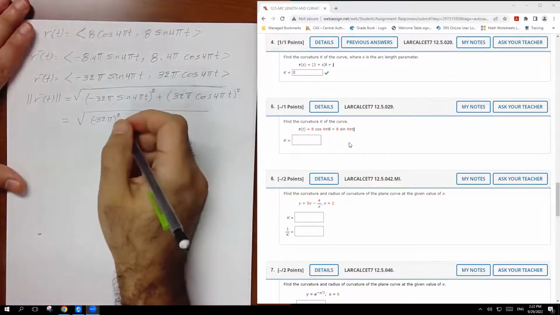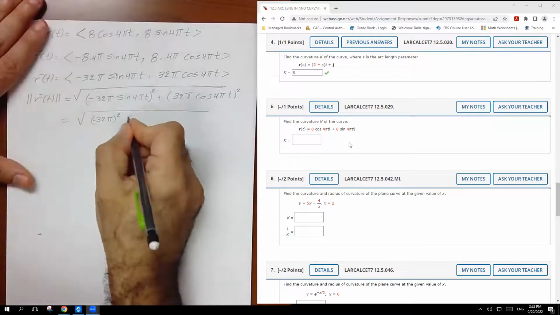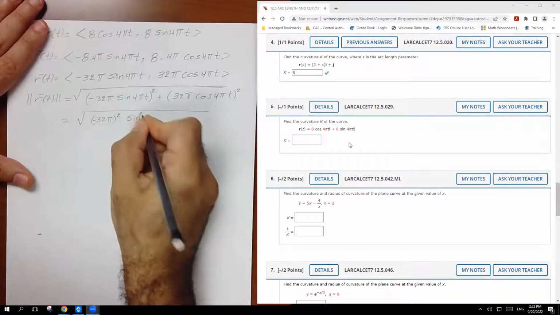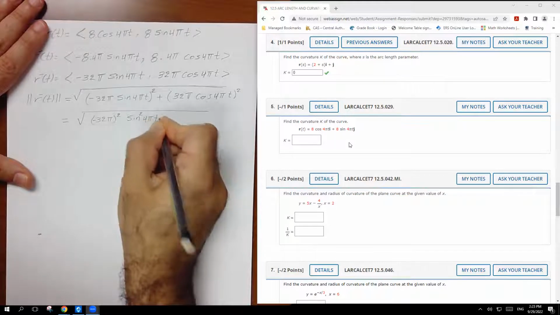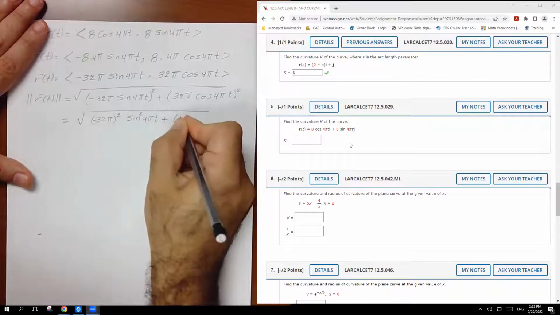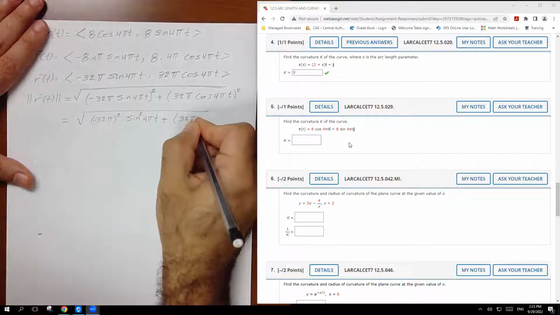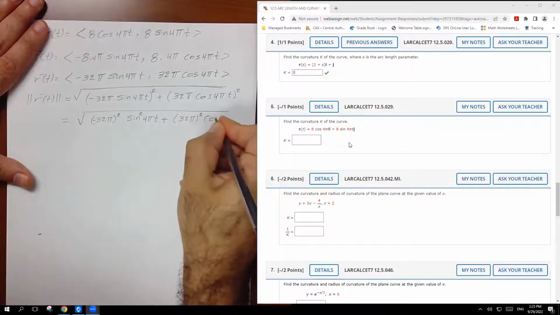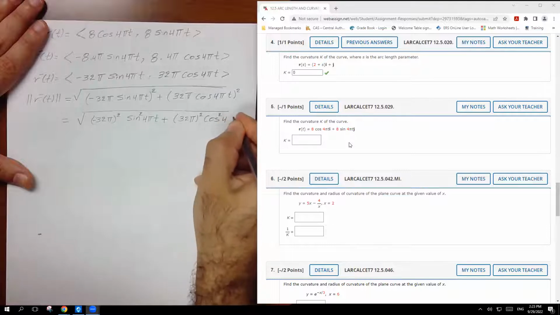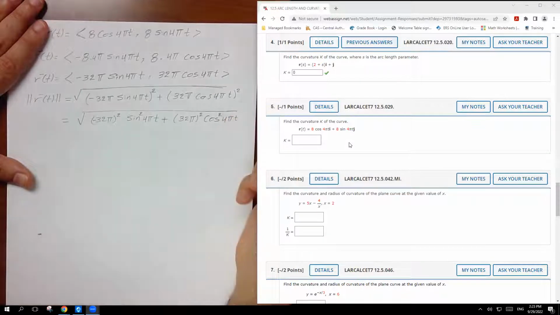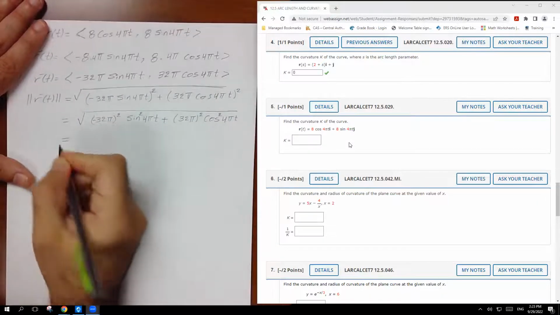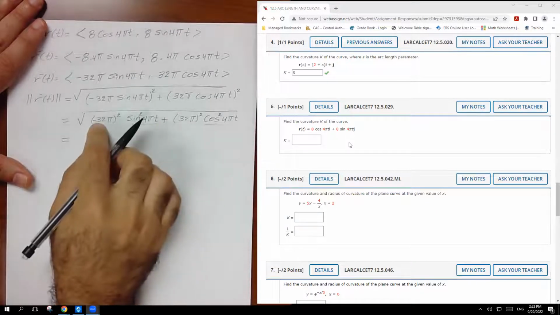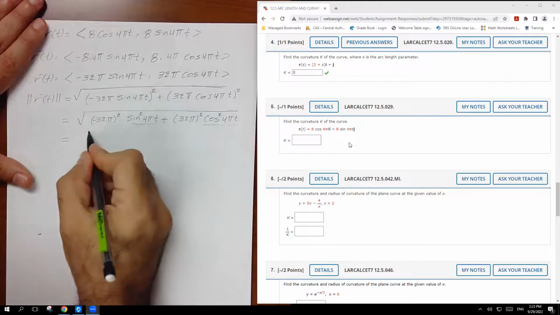Let's write it down. 32 pi squared sine squared 4 pi t plus 32 pi squared cosine squared 4 pi t. Then this one is going to be this one plus this one. Take these as a common.